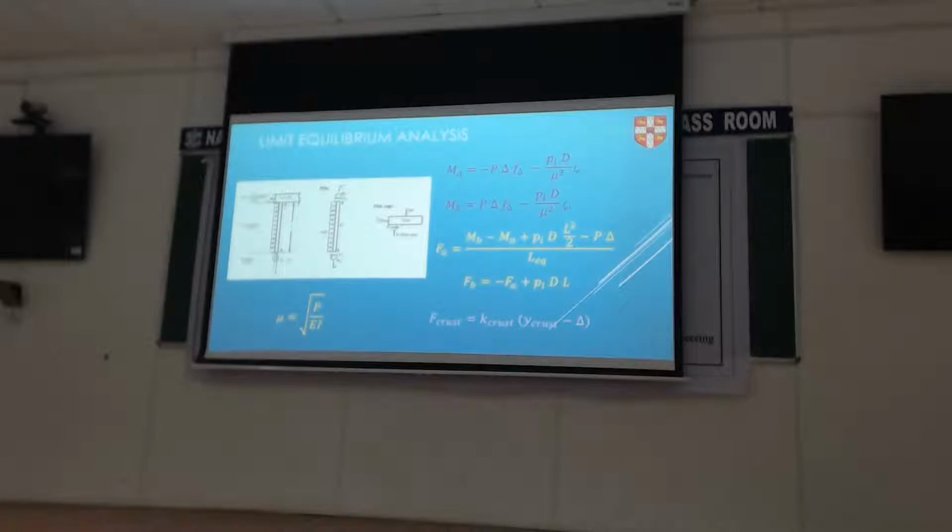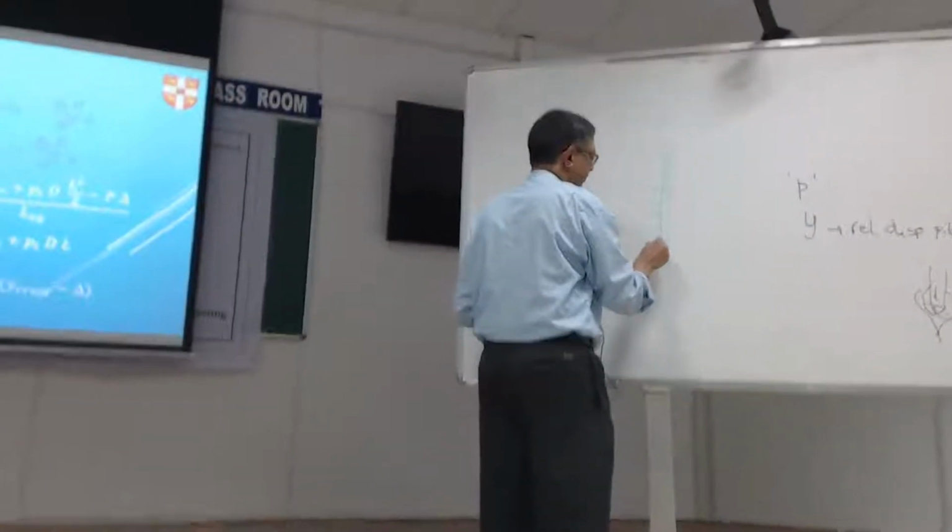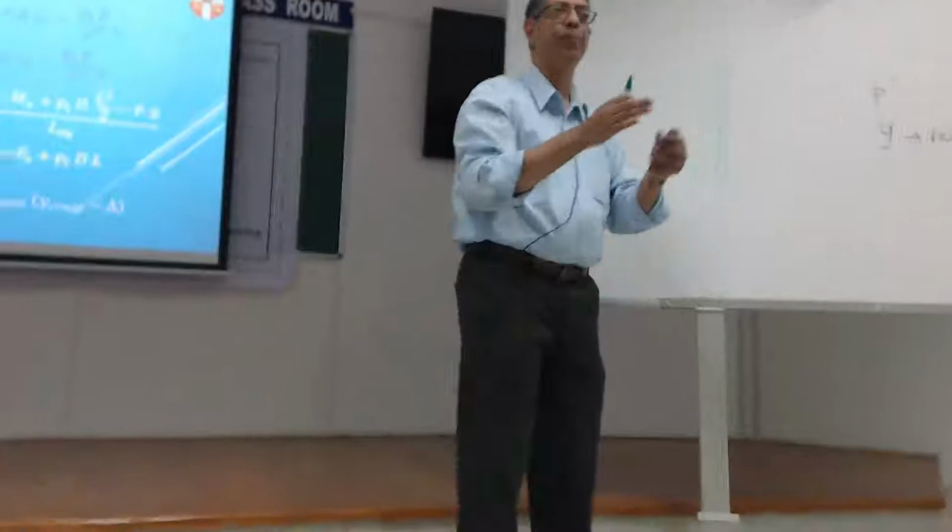So we are saying that let's start with the pile bit. So if I take the pile only for the case I have shown, this is going to see all this pressure on it from the liquefied soil trying to flow past.